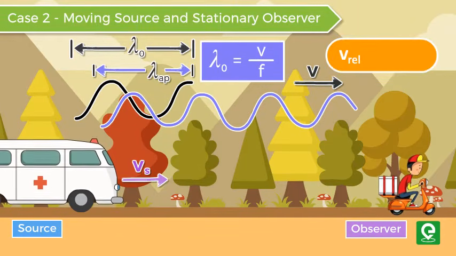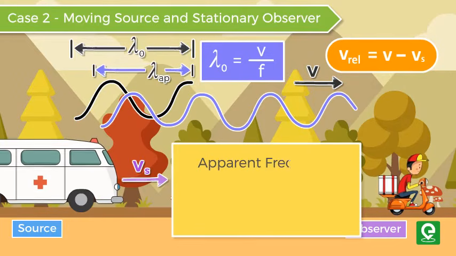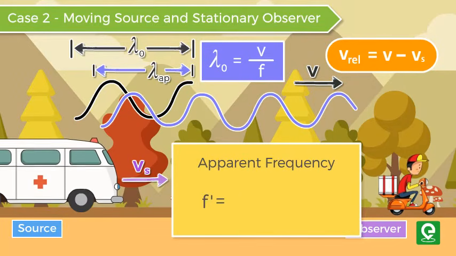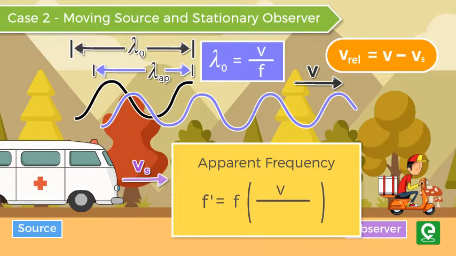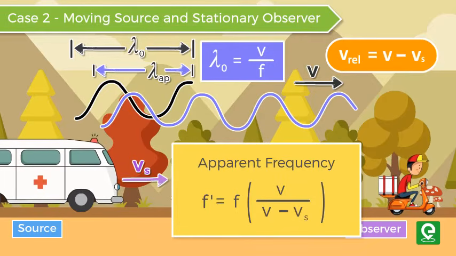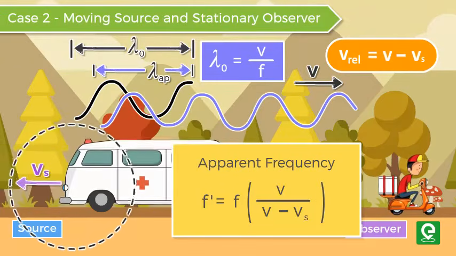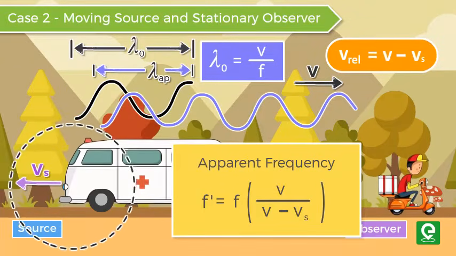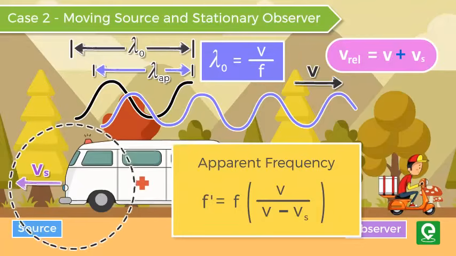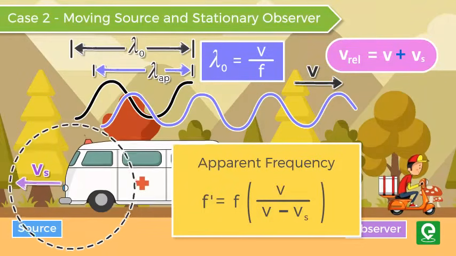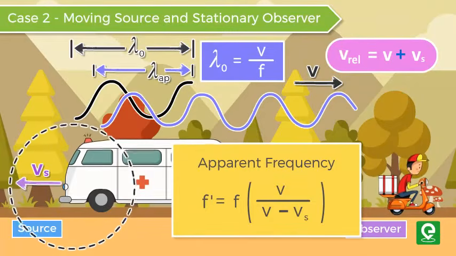The relative speed of sound reaching the stationary observer is equal to v minus vs. Therefore, the apparent frequency of sound heard by the observer f dash is equal to f into v divided by (v minus vs). Similarly, if the source is receding away from the observer, the relative speed of sound is equal to v plus vs, and the apparent frequency heard by the stationary observer f dash is equal to f into v divided by (v plus vs).